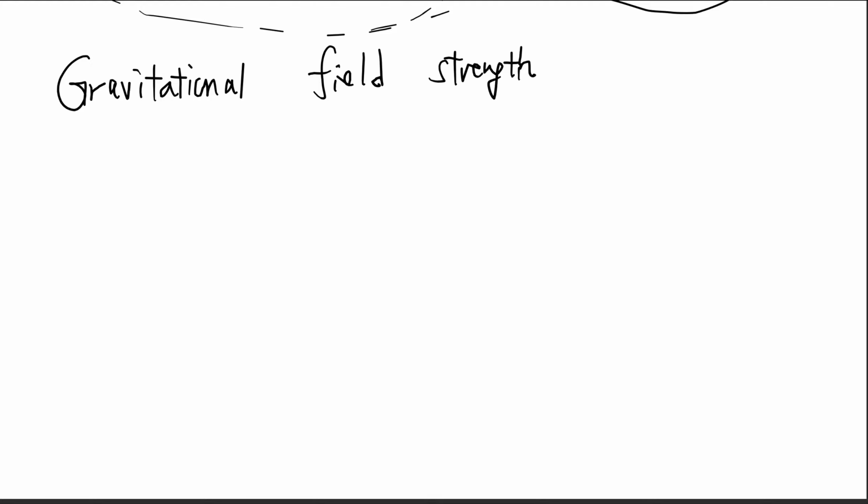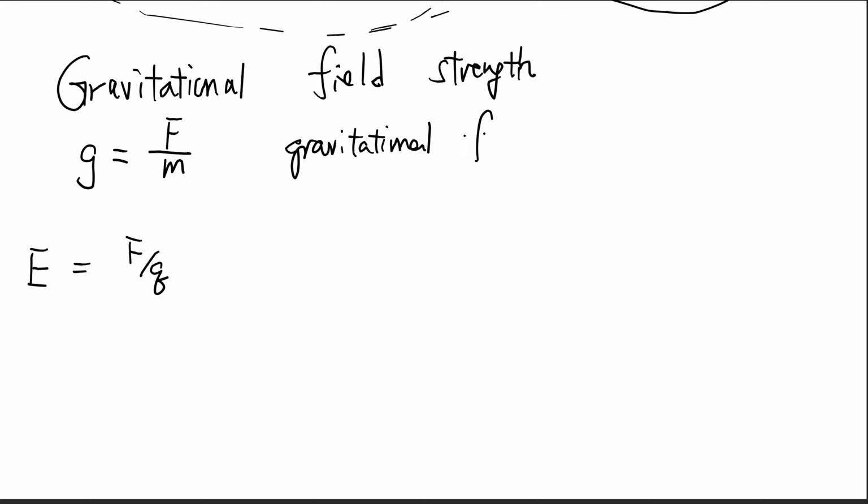If you still remember, the electric field strength is defined as the force per unit charge. So it's quite similar to the gravitational field strength. We use the symbol g. It is the force per unit mass. So if you define it in terms of a sentence, it is defined as the gravitational force per unit mass.